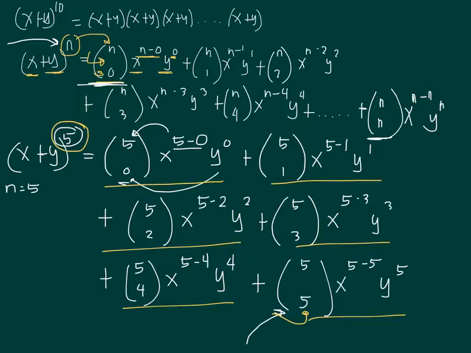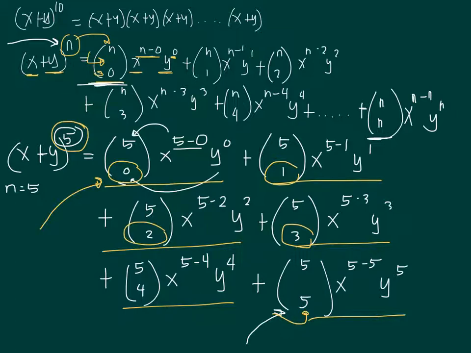So if I raise x plus y to the 10, then I'll expect 11 terms. And note, there's also a pattern in the terms. In this case, the first term has a 0, the second term has the 1, the third term has the 2, the fourth term has the 3. So the number below is always 1 less than the corresponding term.